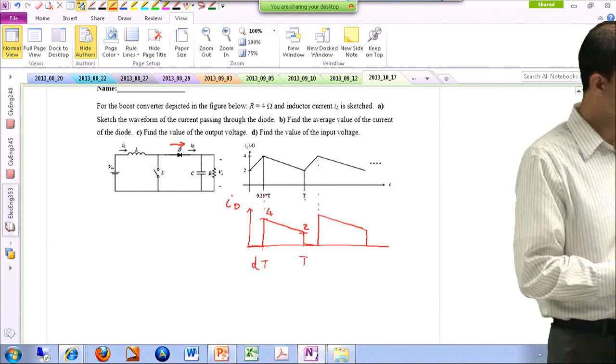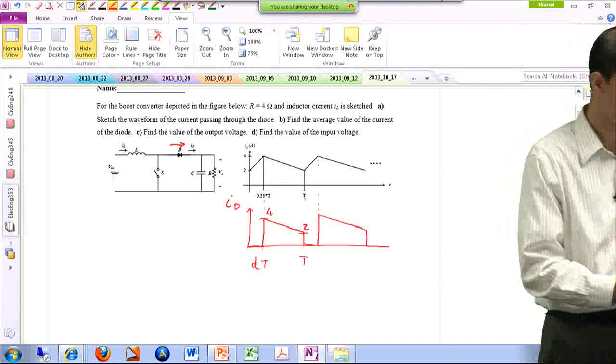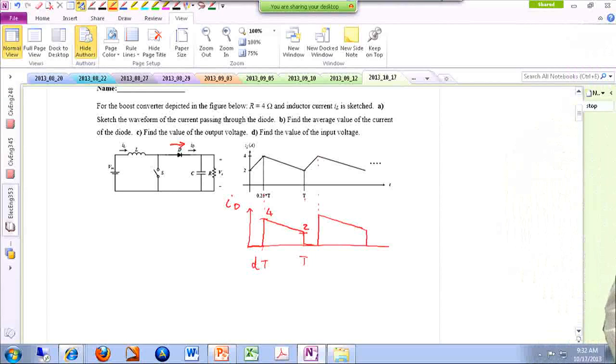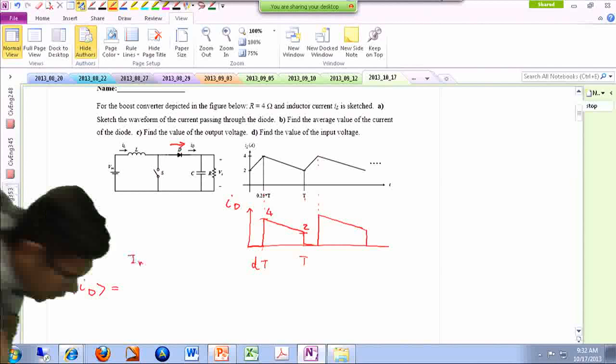Part B, find the average value of the current of the diode. So the average value of the signal is, we got to find the area of this trapezoid, then divide by T, the switching period. So generally you can write it this way.